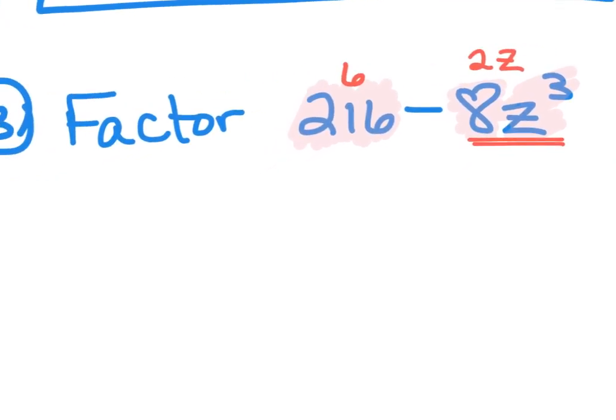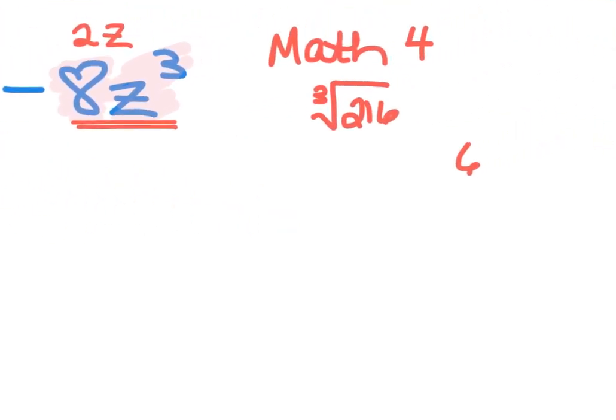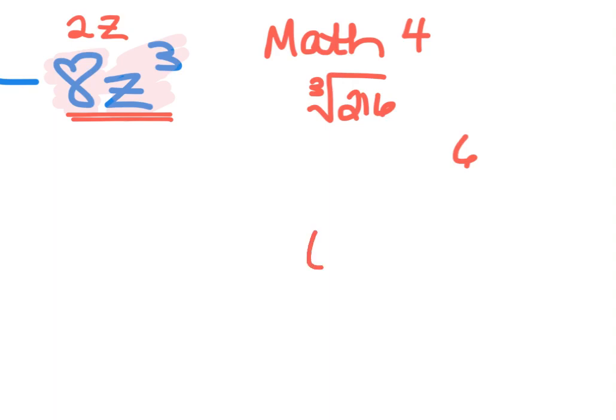Now keep your answer in that order. So for the first part of my answer, I'm going to have a 6 here and 2z here. Then I'm going to take the 6 and the 2z, and I'm going to write each of those 3 times. 6, 6, 6.